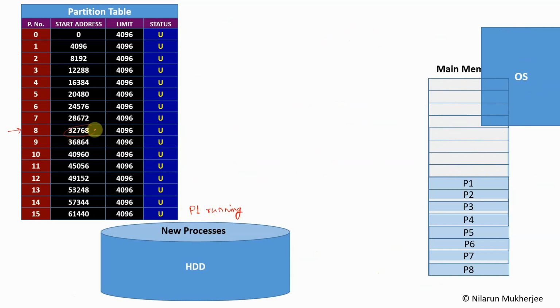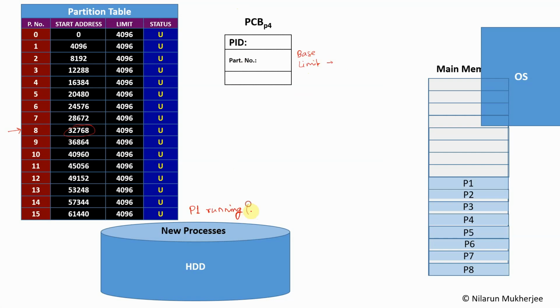Previously we know that in our contiguous memory allocation scheme, we have a PCB, and the PCB has the base and limit. Here the limit will be the process size.